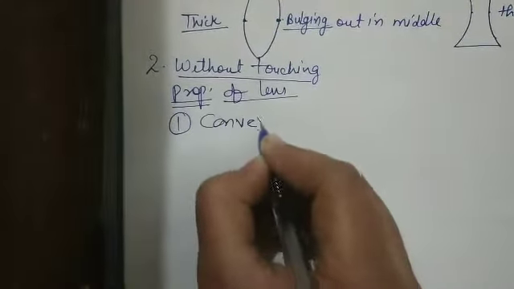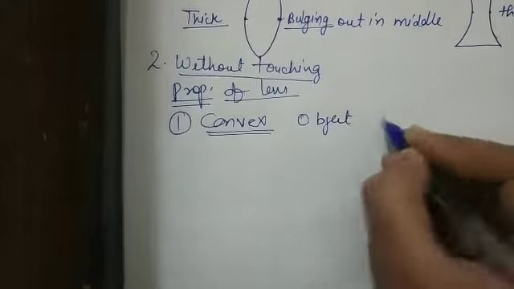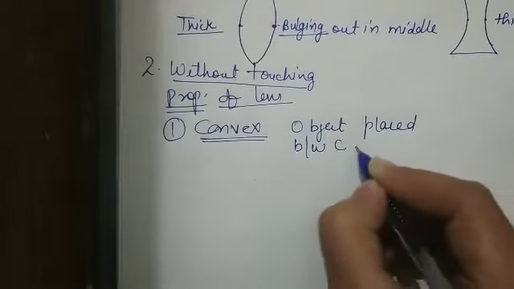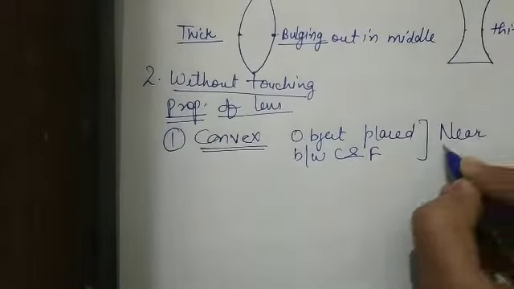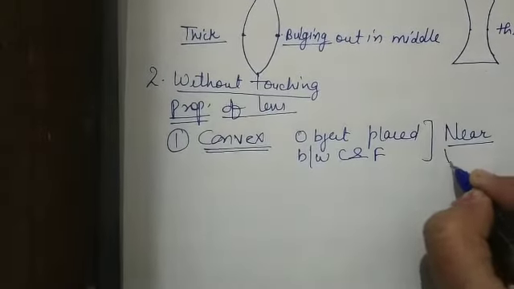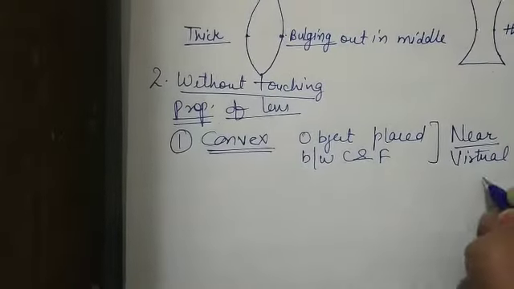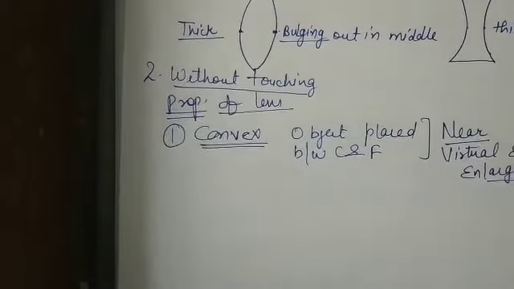Convex lens, when object is placed between optical center and principal focus, it means very near, then image is virtual, erect and enlarged. Enlarged means magnified, larger in size.